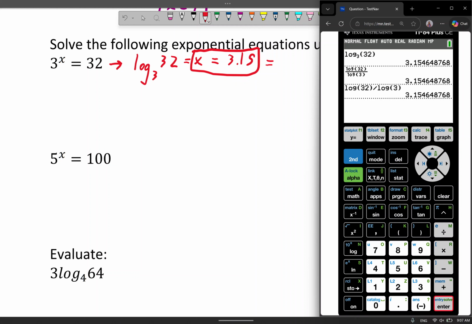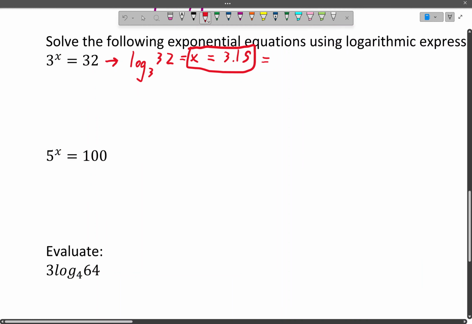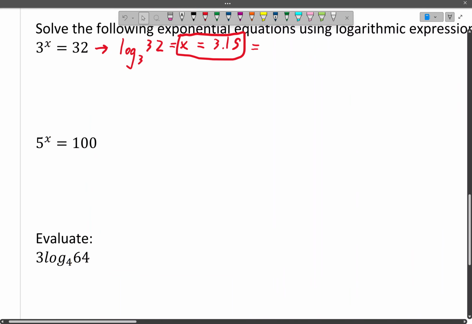If you don't have the log base option, all you have to do is put the log on the denominator, like divide by the log of the base, and that is how we can change the base. We're going to look at that more in the next lesson, but just so you know, that is how that works.